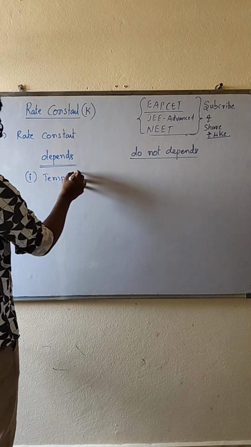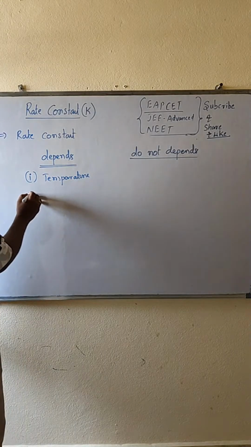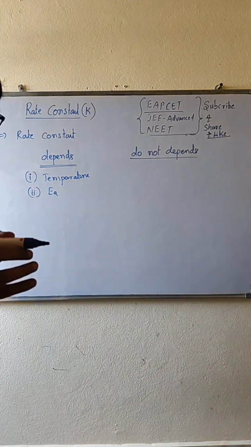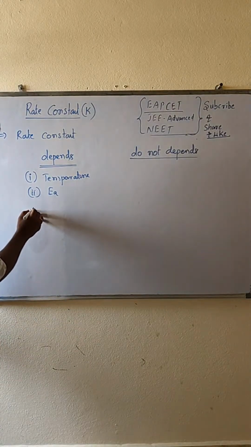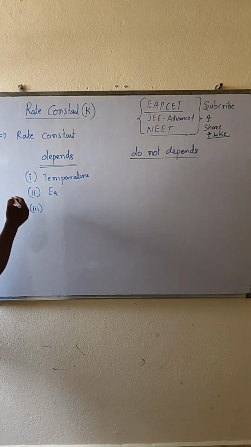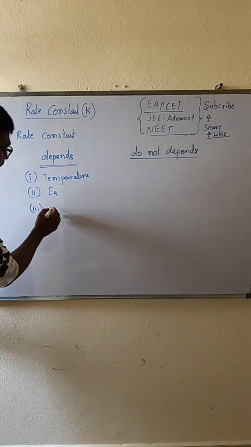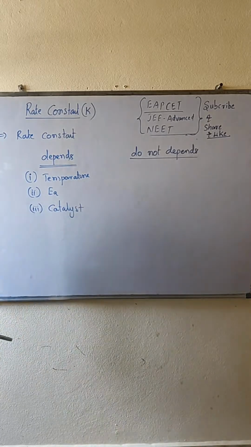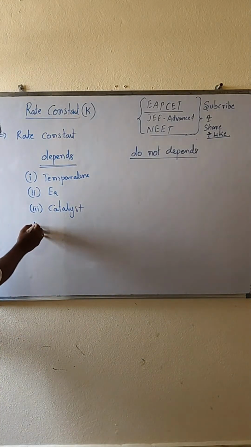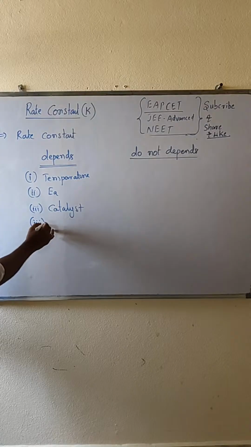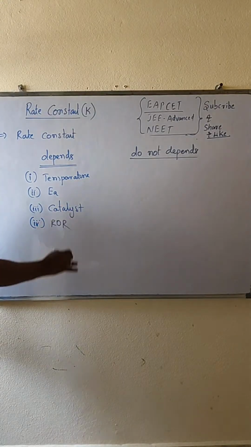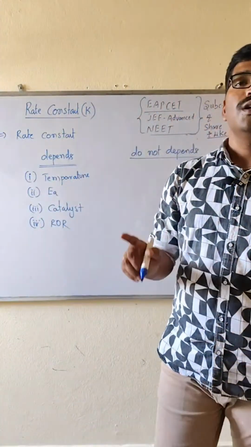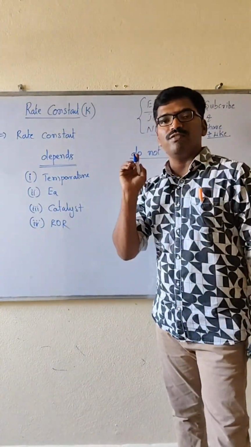Then next you have to remember, it also depends on the activation energy. Then third, the rate constant depends upon the catalyst also. Then fourth, the rate constant depends upon the rate of reaction. These four: temperature, catalyst, activation energy, rate of reaction.